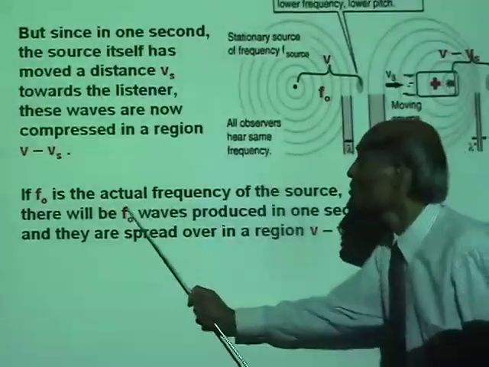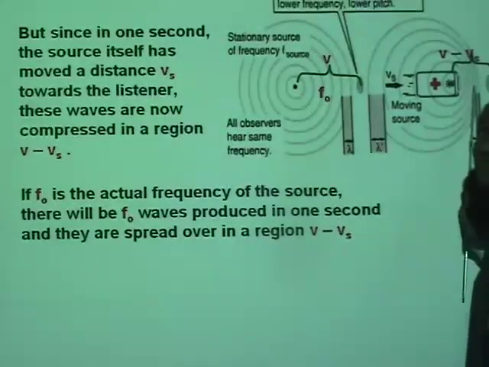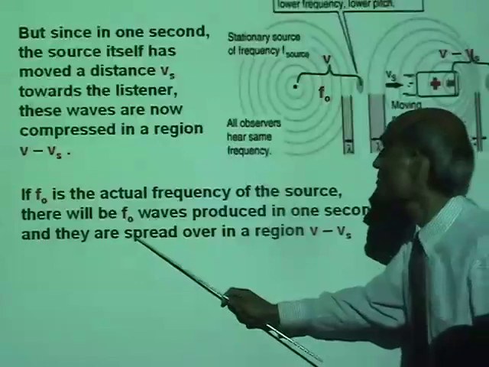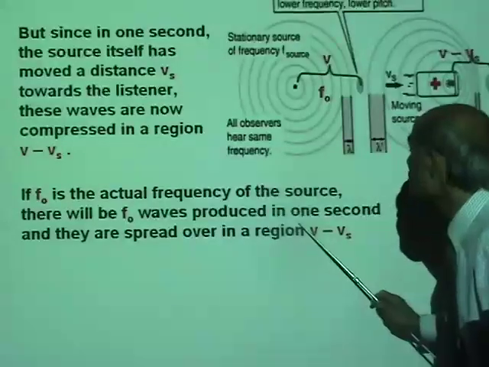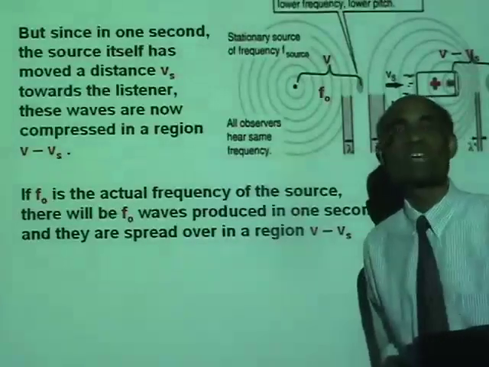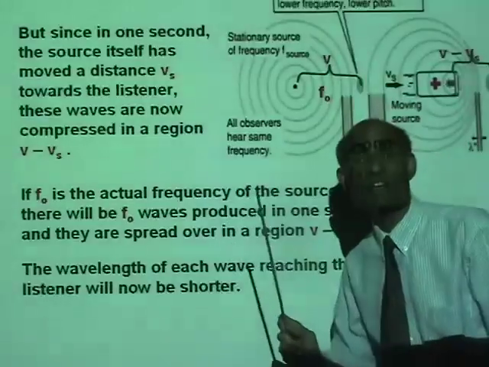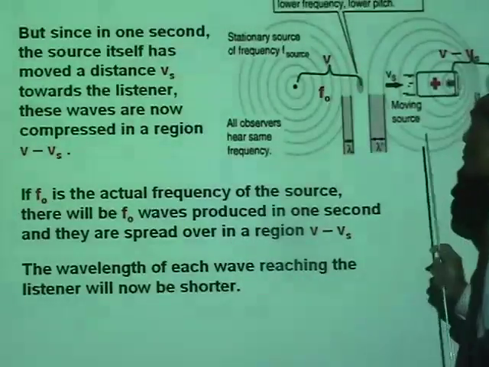All these f0 waves are now spread in a distance v minus vs. And therefore, what is the apparent wavelength of each wave?